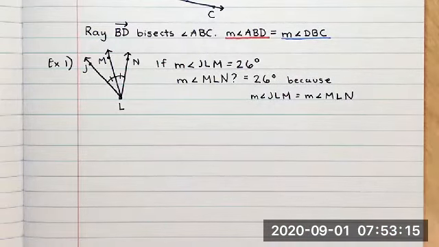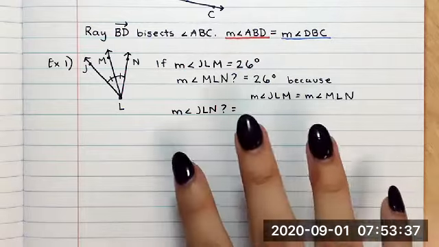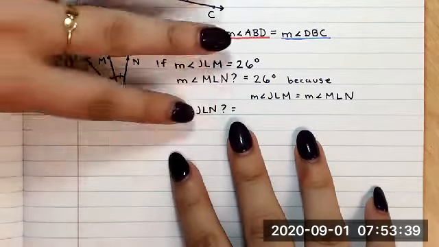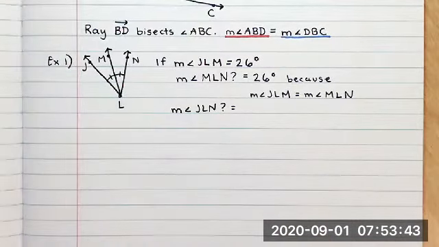So what about the measure of angle JLN? That's the big one. Well, if I said half of a pizza is 4 slices, how many slices is a whole pizza? Hopefully we recognize, well, if 4 is half, then another 4 would make a total of 8 slices, and that would be my whole pizza.